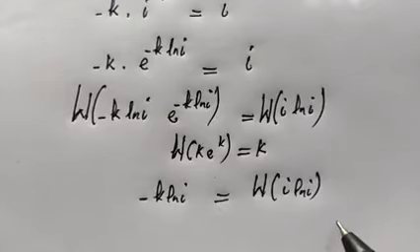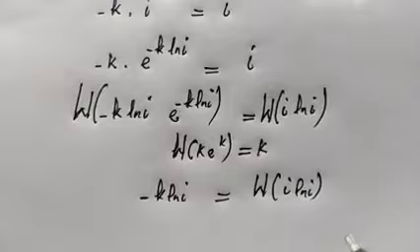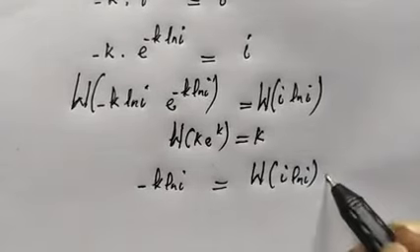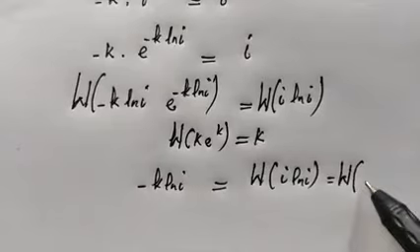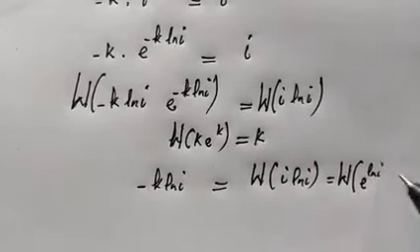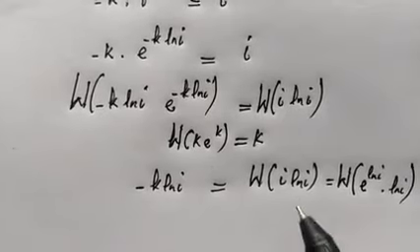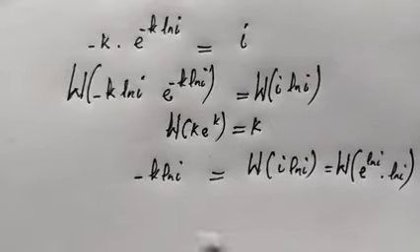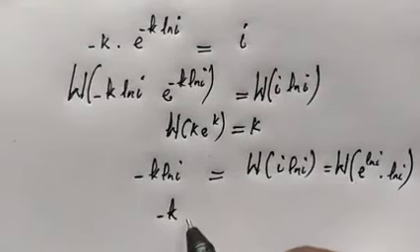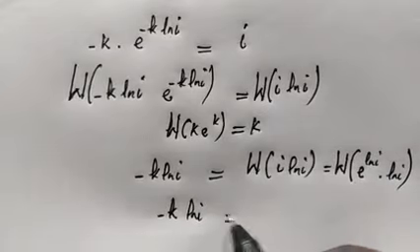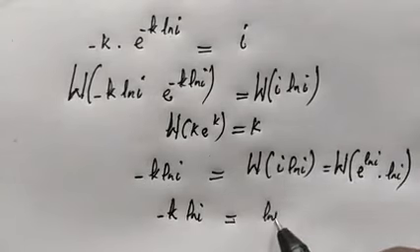I think the right hand side will simplify nicely as well, right? Because this is the same as the W of, this is e raised to the power of ln of i, and then times ln of i, which also simplifies to ln of i. So we have -k times the ln of i is equal to ln of i.